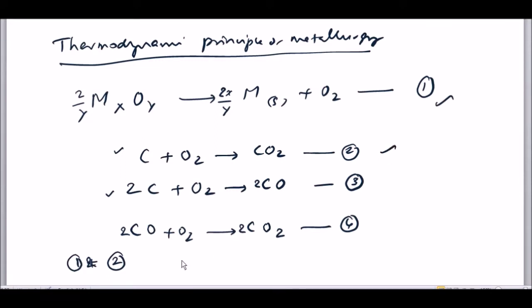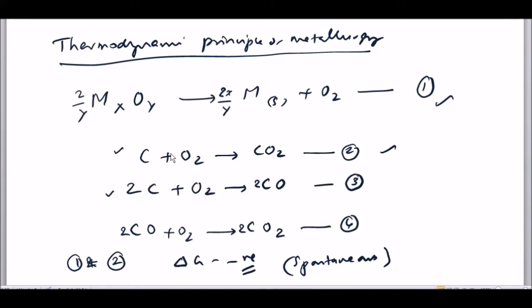In this combination of equations, if you take the first equation and second equation together, its delta G value must be negative. Delta G negative means the process is spontaneous, that can take place of its own accord. You do not induce that procedure. Delta G value is negative for all spontaneous processes.